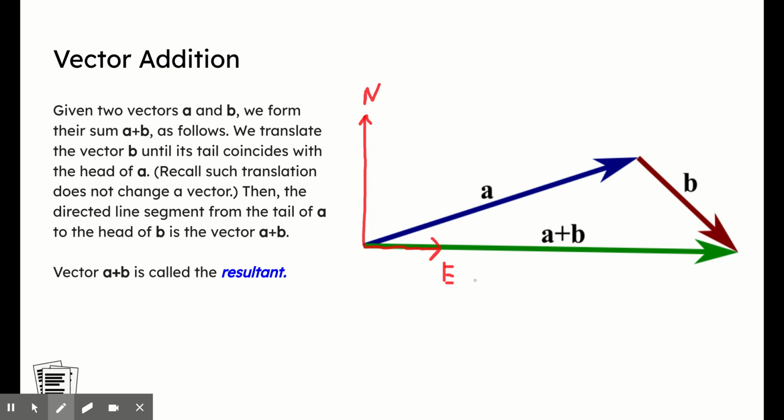Now we can add those two vectors up, and quantity-wise, if you did the magnitude of A plus the magnitude of B, that would be your distance. And if you think to, say, Google Maps, for example, that would be really useful.